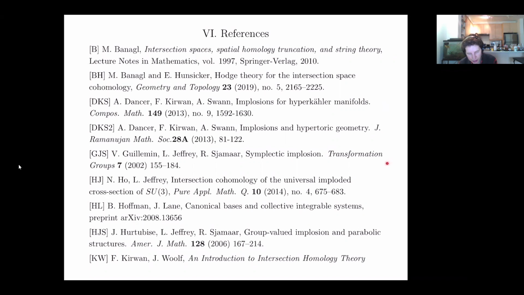This is my paper with Gilman and Shamar. This is the paper of Ben Hoffman and Jeremy Lane. This was the later paper of myself with Jacques Hurtubise and Rea Shamar about group-valued implosions.